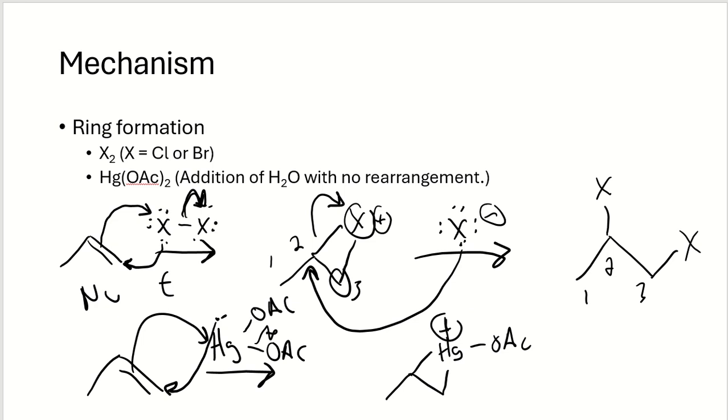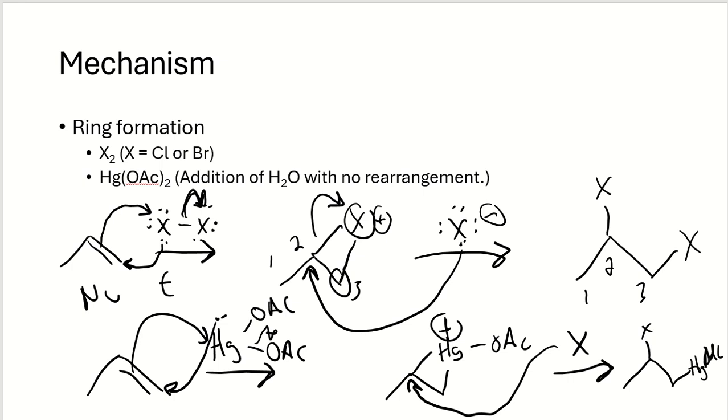There's no carbocation, so no rearrangement can occur. When you form a ring like this, the next thing you add will add to the more substituted side. So if I added X next, it's going to add here, and I would get X and my mercury acetate.